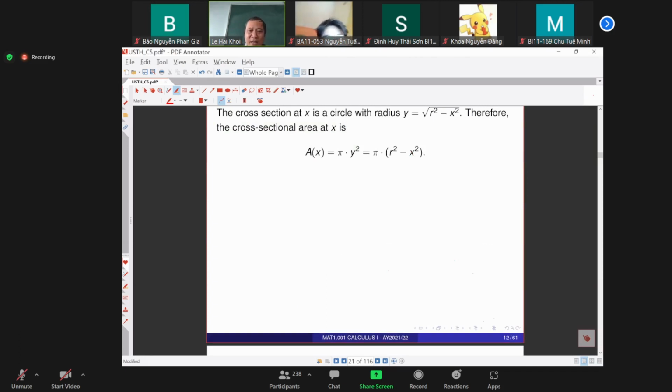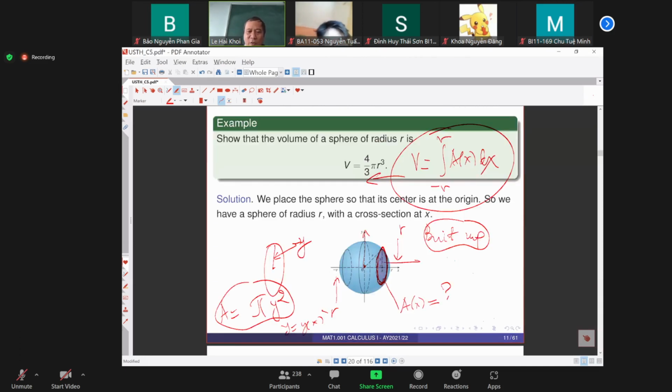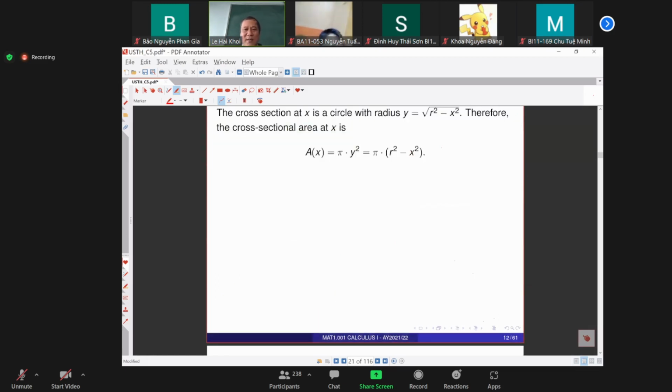Of course, you have x squared plus y squared equals r squared, right? So that's the reason y is the square root of r squared minus x squared.